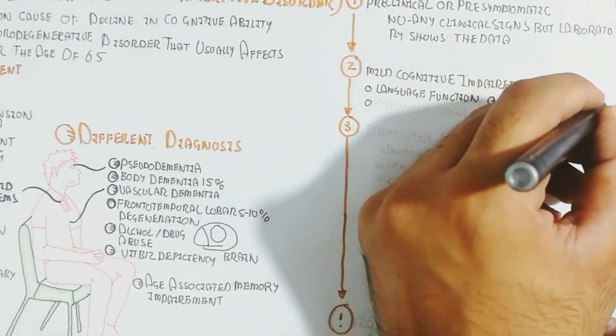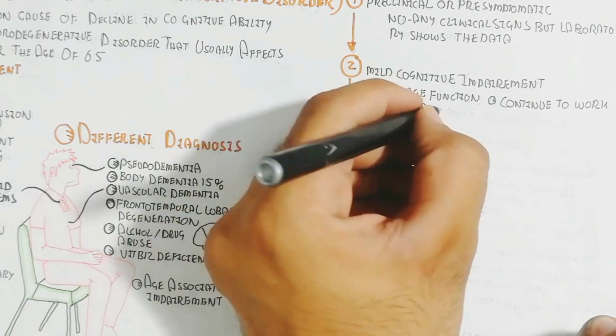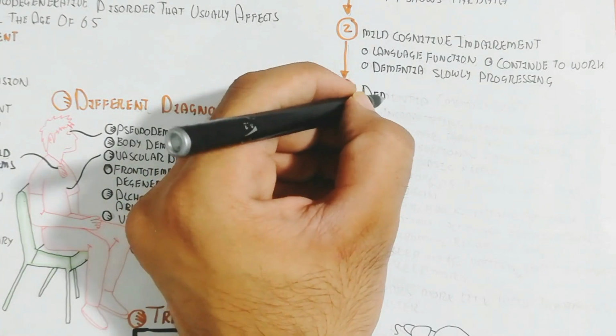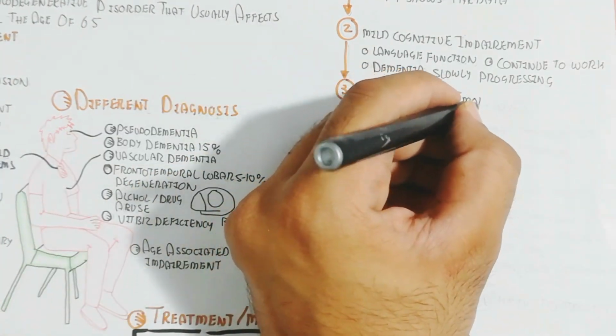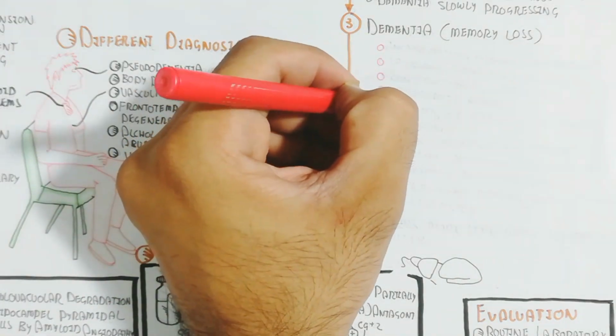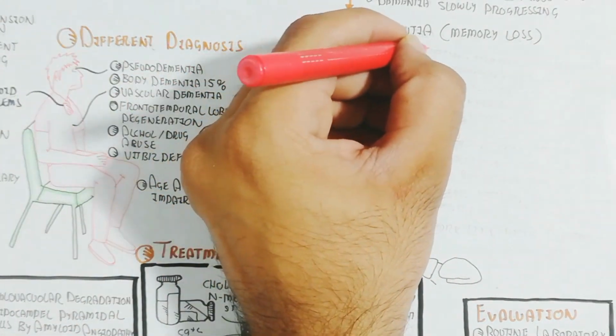The mild cognitive impairment is the number two step, and later on it will appear and lead to problems with language function and cognition, slowly progressing disease. Dementia will then occur.